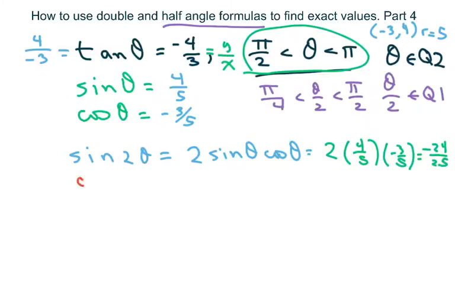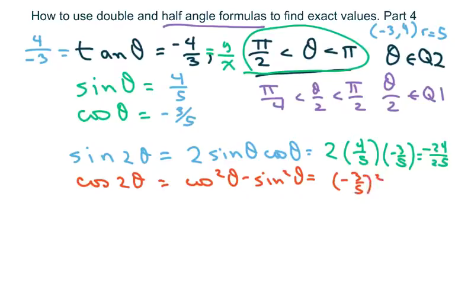Cosine of 2 theta equals cosine squared of theta minus sine squared of theta. I'm just using this formula here; you're welcome to use the other one. That's -3/5 squared minus 4/5 squared, which equals 9 over 25 minus 16 over 25, which is -7 over 25.